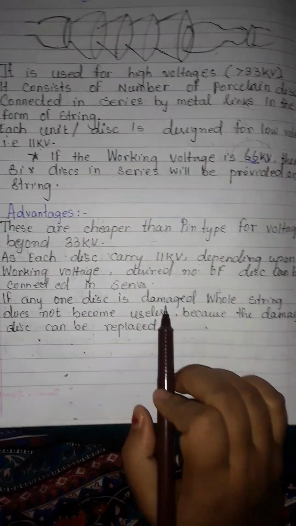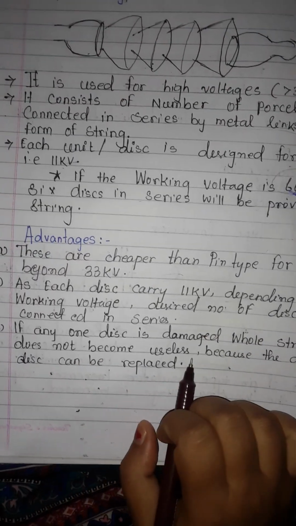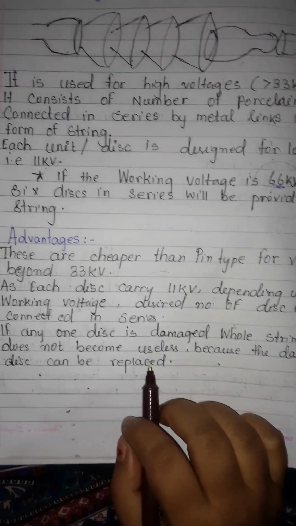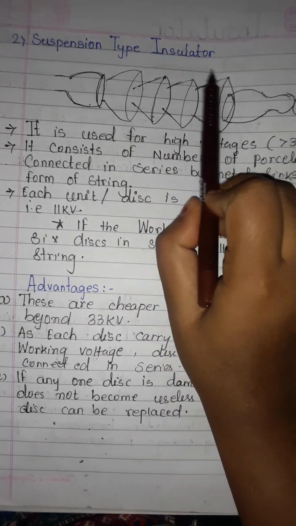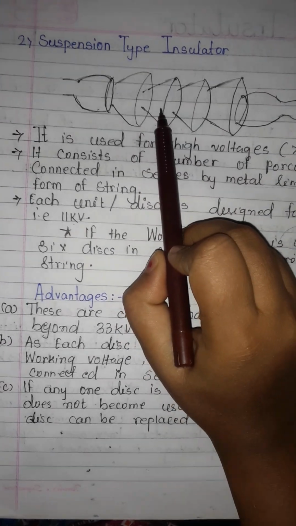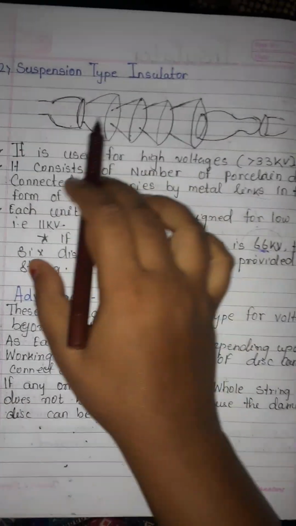If any one disc is damaged, the whole string does not become useless, because the damaged disc can be replaced. If any one disc in the series is damaged, we can remove that part and the rest will be workable.